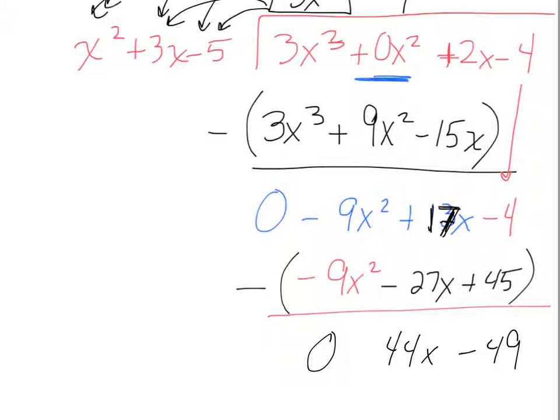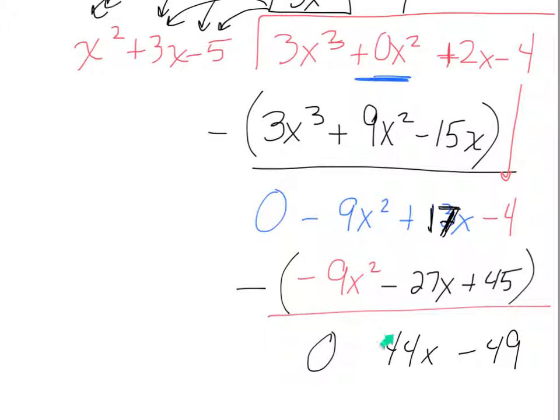Now, at this point in time, I can attempt to go further, but here's the problem. My divisor is x squared. If I put anything up here, like a 2, 2 times x squared gives me 2x squared. I can't subtract x squared from x. So what does that mean? 44x minus 49 is the remainder. Whenever what you have here has a degree less than your divisor, it's the remainder. The divisor's degree is 2.